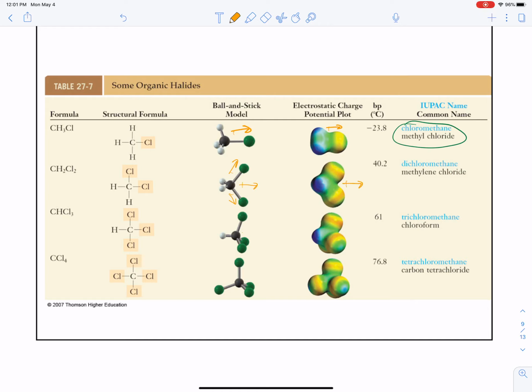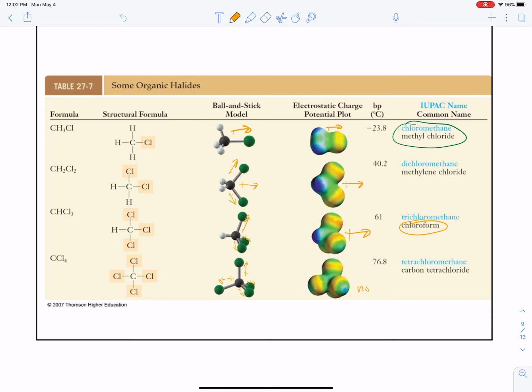And what about trichloromethane? Well, trichloromethane is also known as chloroform, and it has a large dipole moment as well. Well, for carbon tetrachloride or tetrachloromethane, I want you to notice something. That dipole is a four-way tug of war where no one wins.